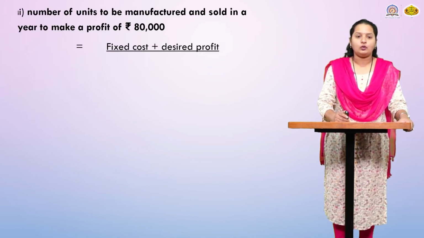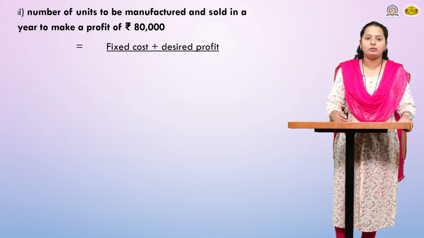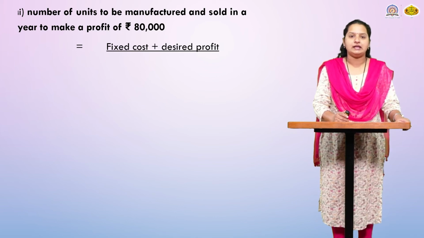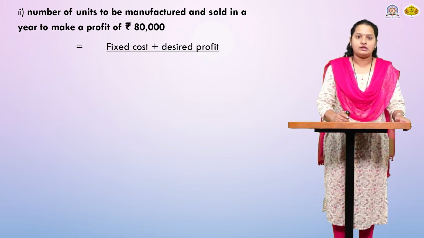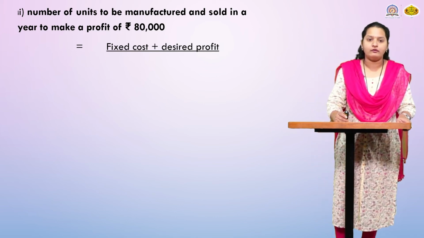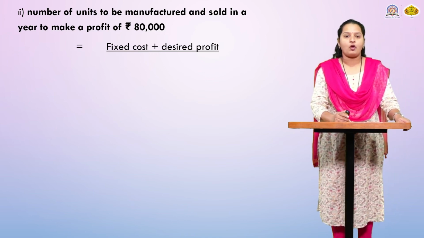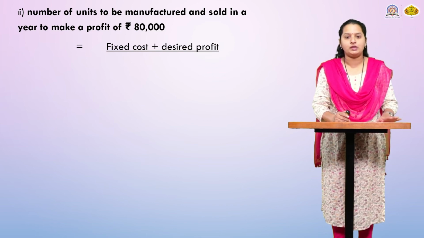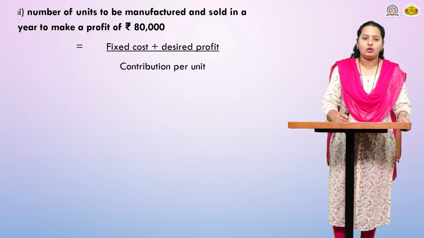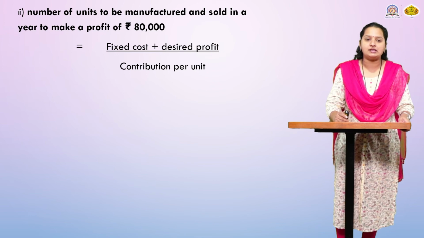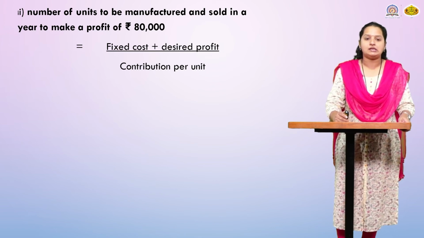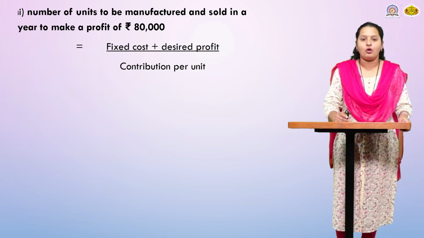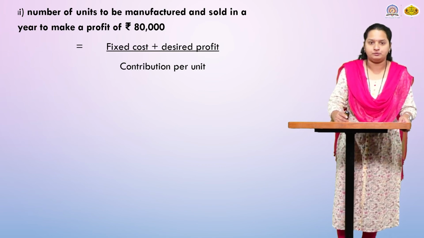Thereafter the second calculation is the number of units to be manufactured and sold in a year to make a profit of rupees 80,000. This is a new concept where we have to calculate the number of units when the desired profit is given, which is rupees 80,000. The formula for calculating this number of units is fixed cost plus desired profit upon contribution per unit.